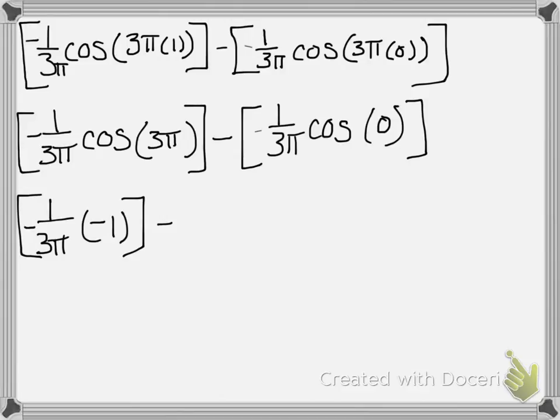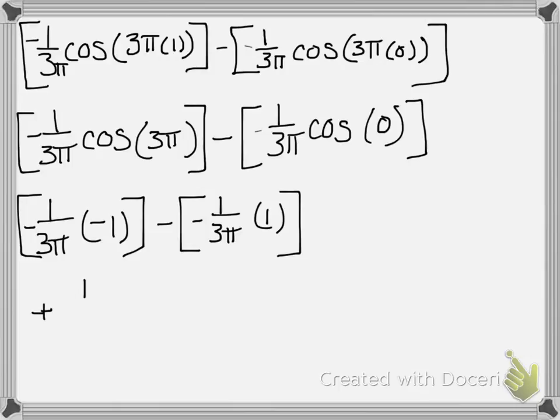As far as doing trig, it's going to be negative 1 over 3 pi, times the cosine of 3 pi, which is negative 1. And like I said, the cosine of 0 is just 1. So that's going to give us a positive, because we have negative times a negative.